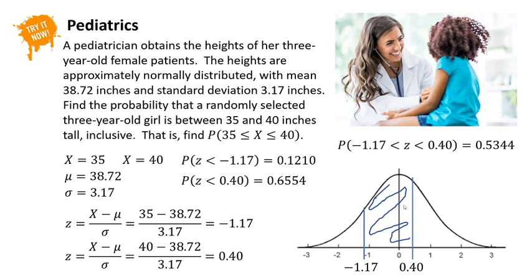And so here we're finding what this area is, and that comes from finding the probability of the area under the curve to the left of negative 1.17 and the area under the curve to the left of 0.4, taking one, subtracting the other, and we get 0.5344. So in other words, the probability that a 3-year-old girl is between 35 and 40 inches tall is a little over 50%.